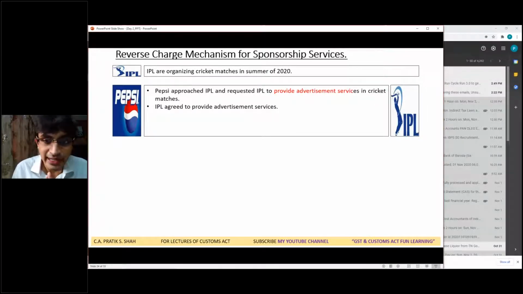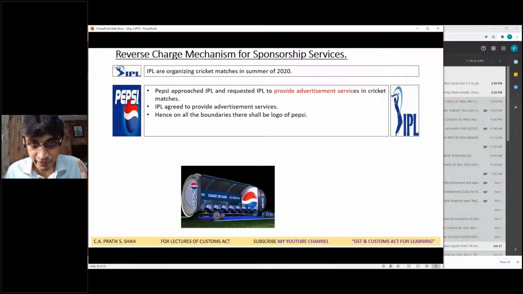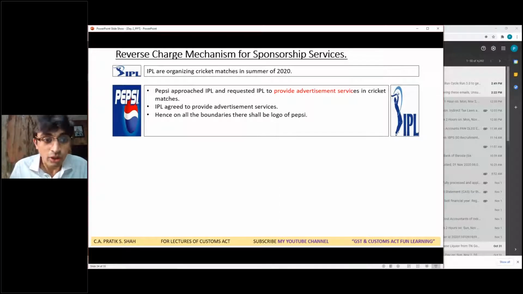IPL agreed to provide advertising service. So who is a supplier? IPL. Who is the receiver? Pepsi. Because of that, on all the boundaries, if you see carefully, there are logos of Pepsi. This is what? Advertising.